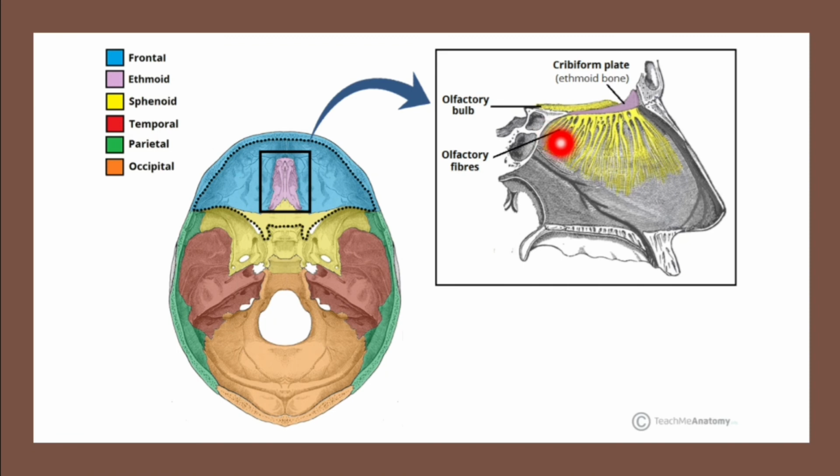and this one section you can see it here, right? So it contains little foramens, where the nerves, cranial nerve 1, the olfactory nerves, pass through into the anterior cranial fossa, right?